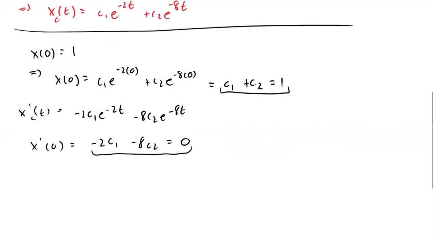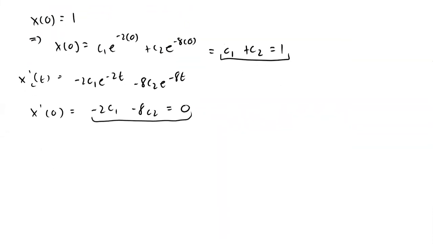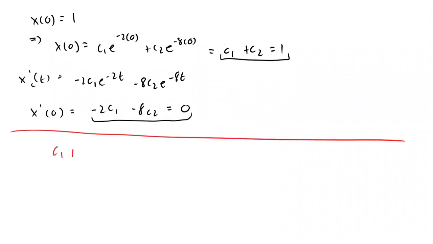So what do we have? We have two equations and two unknowns, so we can solve. Our system of linear equations is C1 plus C2 equals 1, and -2C1 minus 8C2 equals 0. You can solve for one variable in one equation and plug it into the other. Let's solve for C1 in terms of C2, so C1 equals 1 minus C2.